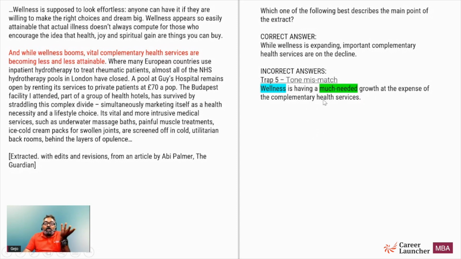For example, we can also create something like this: it is ludicrous that wellness is growing while the vital complementary health services are declining. It is ludicrous, it is too much of nonsense. No, that is not the tone here. This is trap number 5, tingle with the tone.